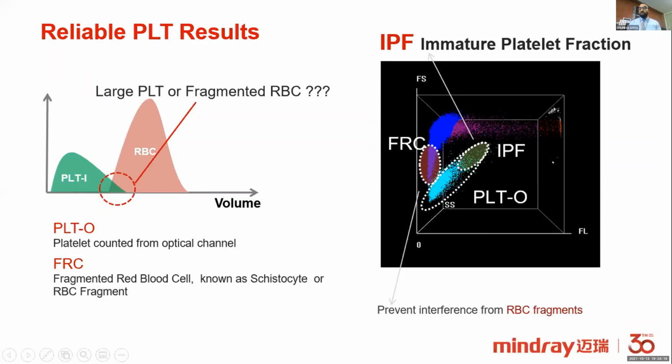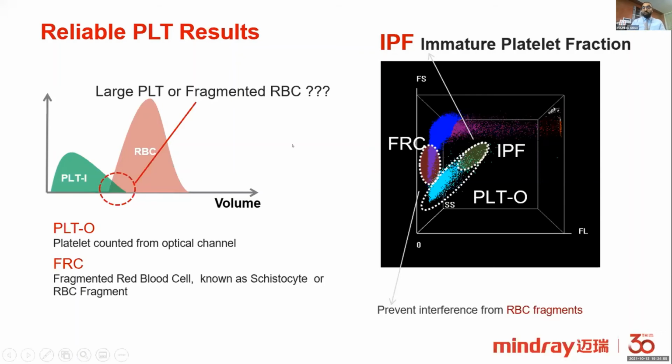There is no significant information in RBC, so we have a low fluorescence signal for RBC, and for platelets, especially immature platelets, we have a higher signal. RBC fragments, big platelets and immature platelets are very well differentiated, and we can report a reliable result.